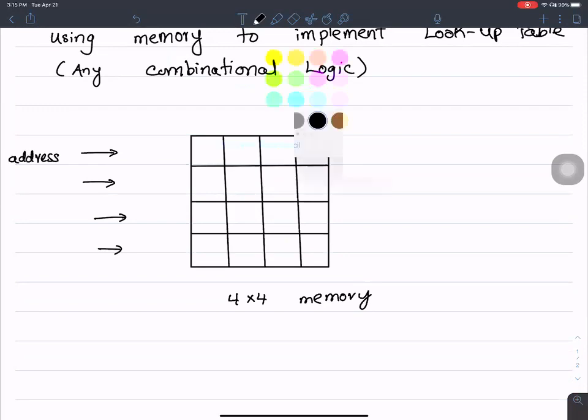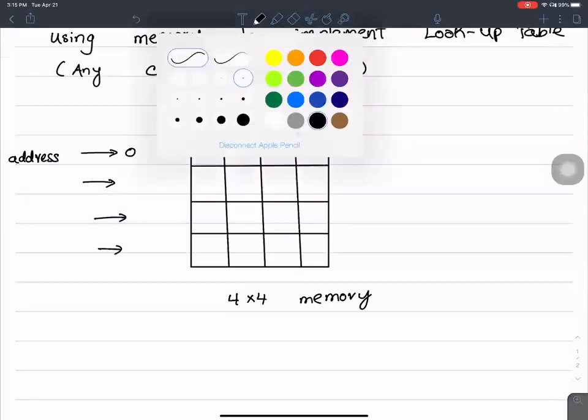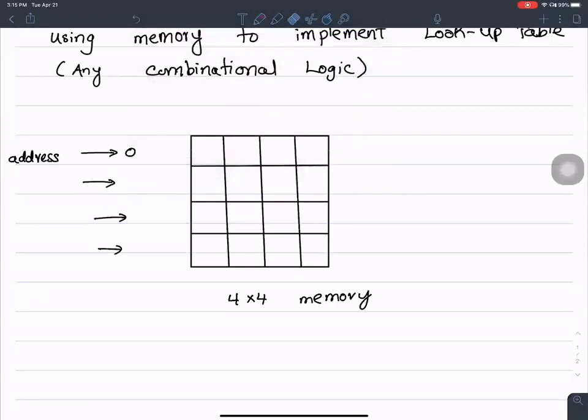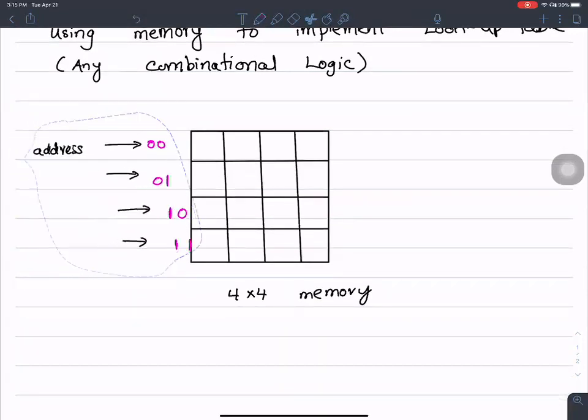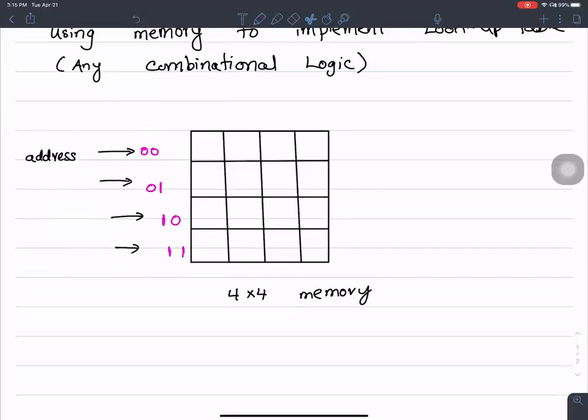So in other words, I can represent this row using a digital code 00. This row represents 01, this row represents 10, and this represents 11. So horizontal lines can be address lines. The vertical lines are data lines.